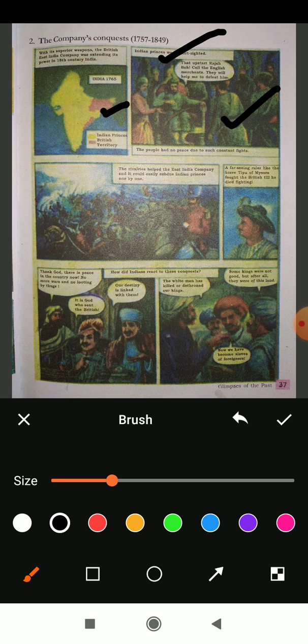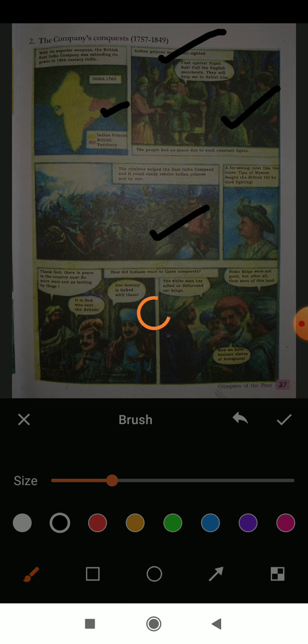Now comes another picture. So now we are going to read this. What is written here in this picture? The rivalries helped the East India Company, and it could easily subdue Indian princes one by one. So here a fight takes place between two kings.